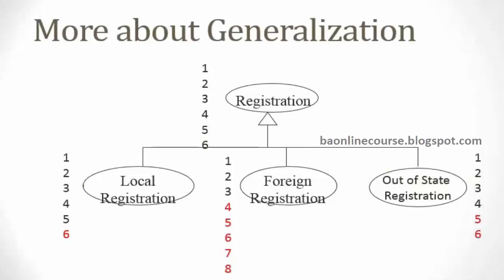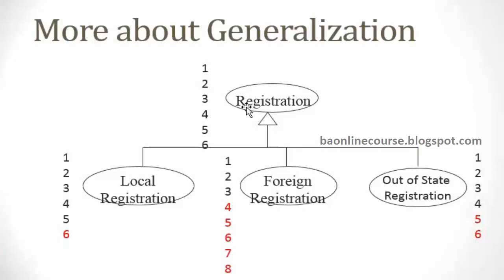Try not to identify the relationships at that point in time, because you don't actually understand the details about each use case individually, right? So you don't know what the steps involved in local registration or foreign registration are. So generally, first create the first draft of a use case diagram, and then start capturing the details about each of those use cases in your discussions.